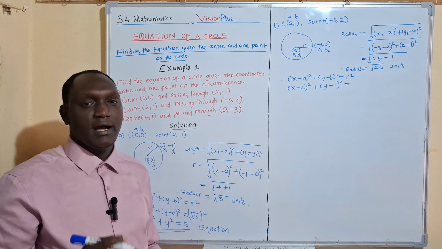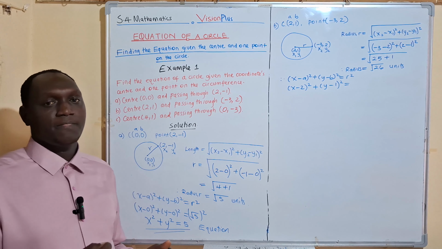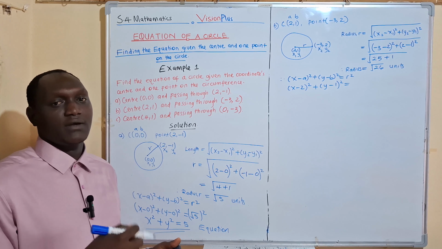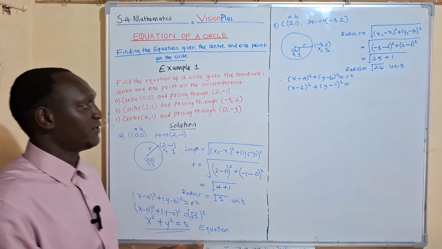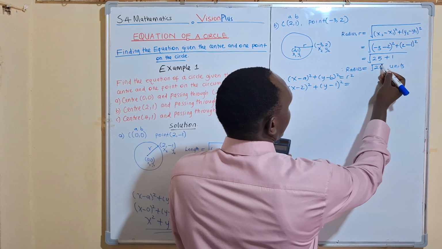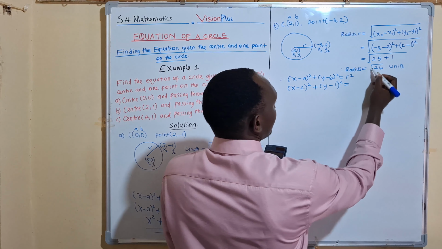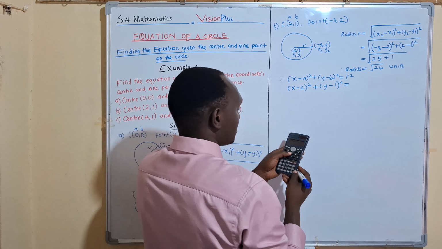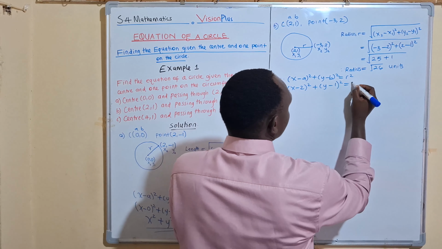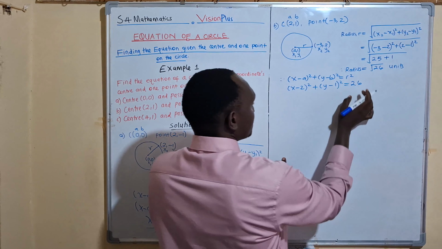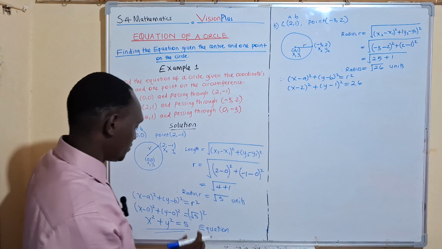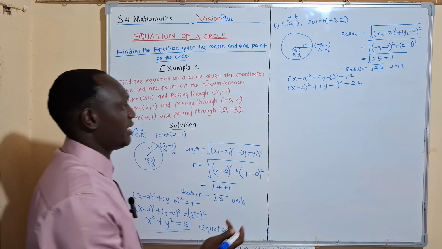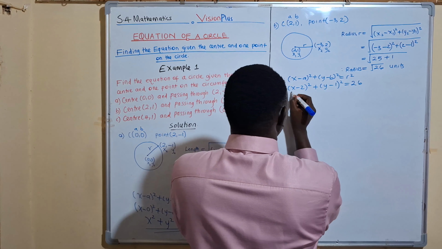In mathematics, marks are awarded for the shortest route and for the correct route. You have to be fast and accurate. So here we have to find r squared, which is the same as root of 26 squared. What gives us 26? We have skipped one step already, and our answer is correct.